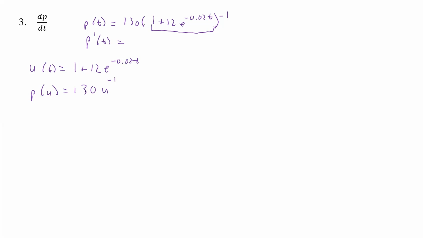Now, with those two, can I actually take derivatives? Well, this one, yeah, I can take the derivative. Remember, when we do this, I suggest you think about this as an actual number. So if I plug in e to the negative 0.02, I get 0.9802.